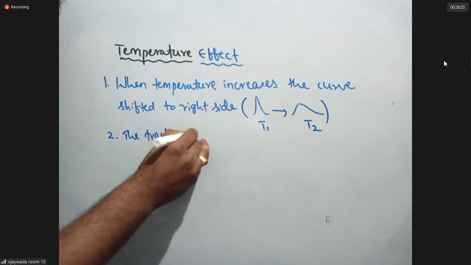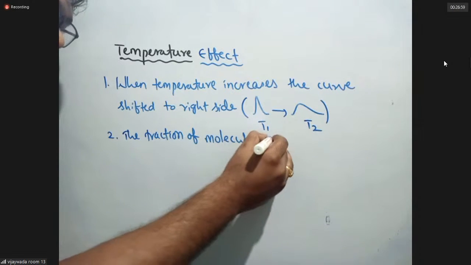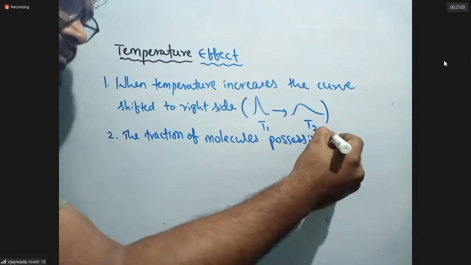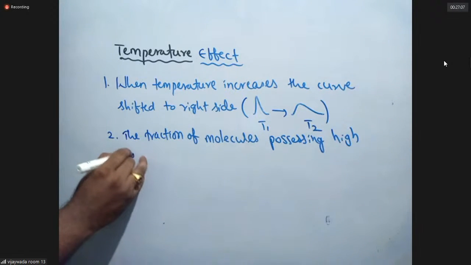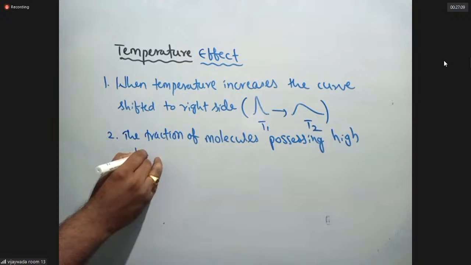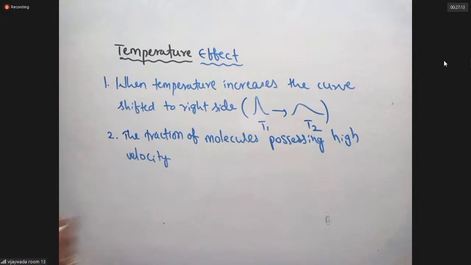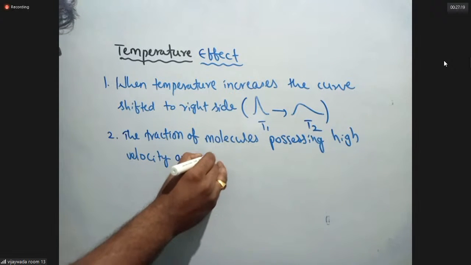Next point: the fraction of molecules possessing high velocity is increased, and the fraction of molecules possessing low velocity is decreased.